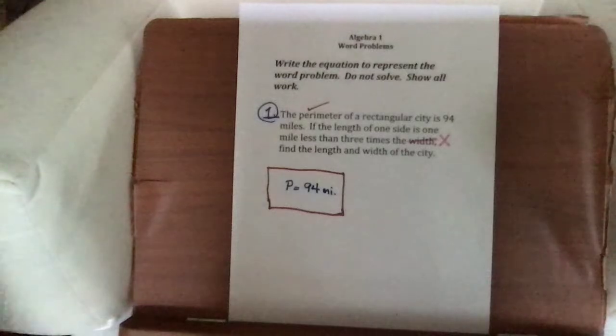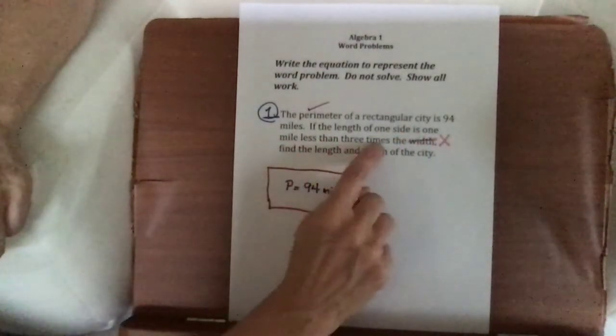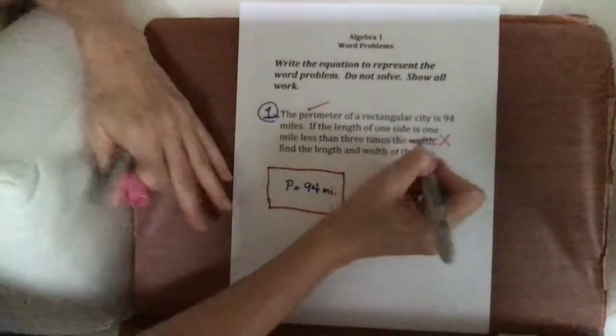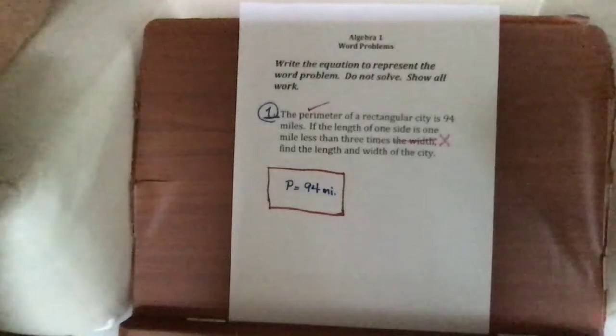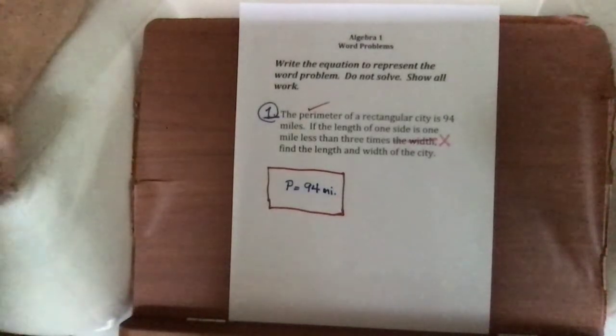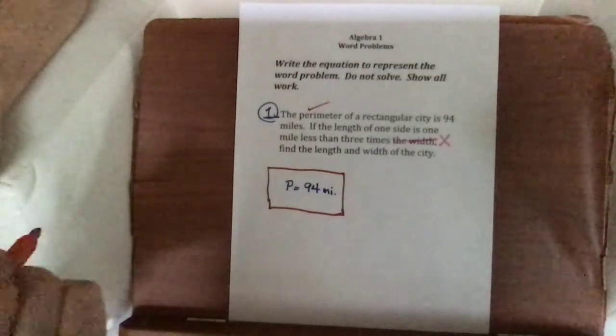All right, and now we reread it. If the length of one side is 1 mile less than 3 times x, because we've gotten rid of the width and it's now known as x. So now we're back to translating a sentence into an equation. We have a description of length.